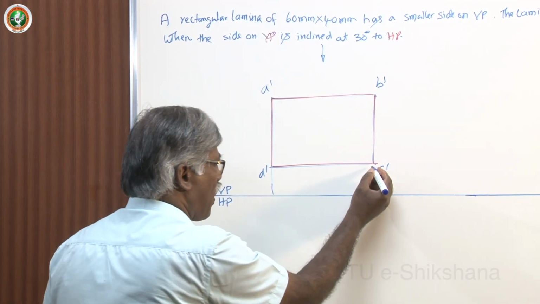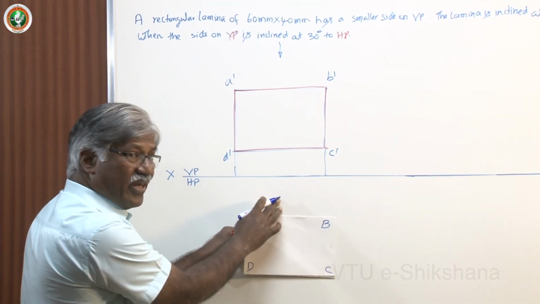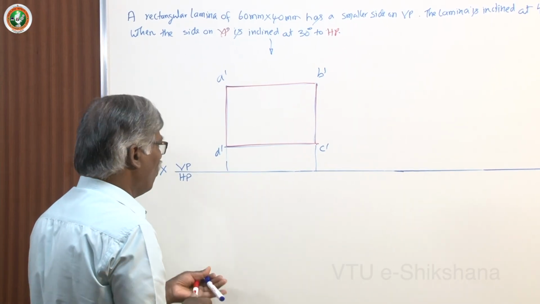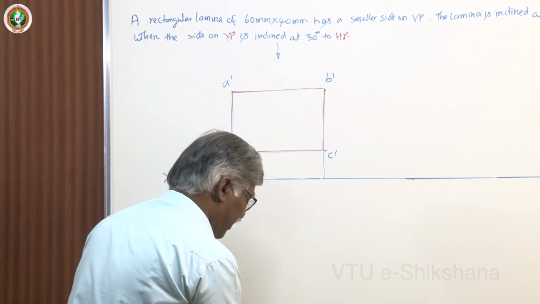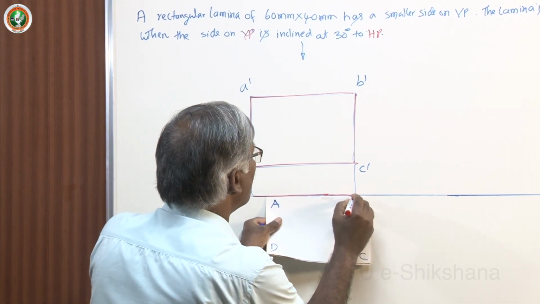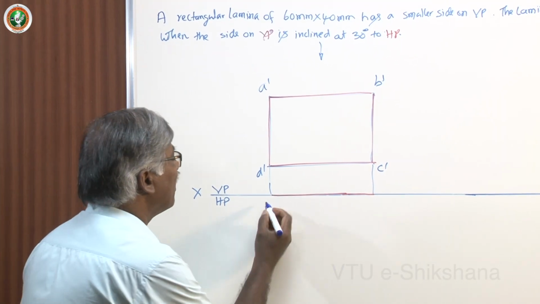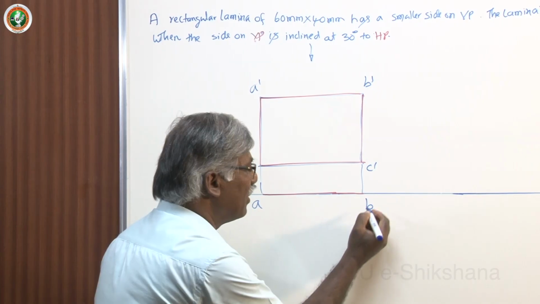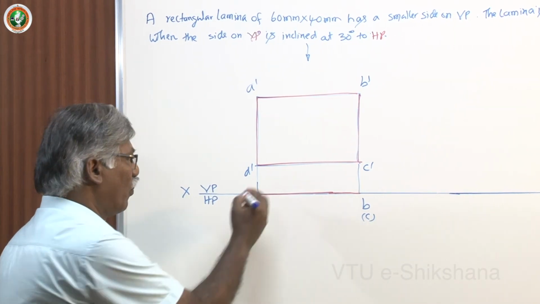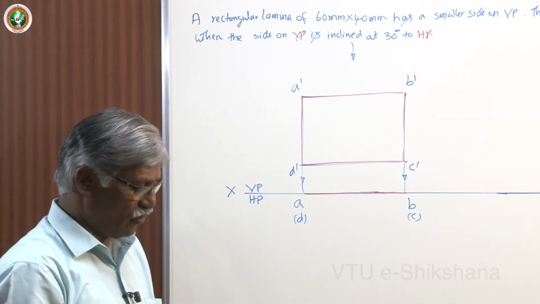Next you project. Since we have the lamina on VP itself, you have to project on the XY line. Now the projection will be like this. Now name this as A, B, and the two points not visible, C, D. Now we have projected it and got the top view.